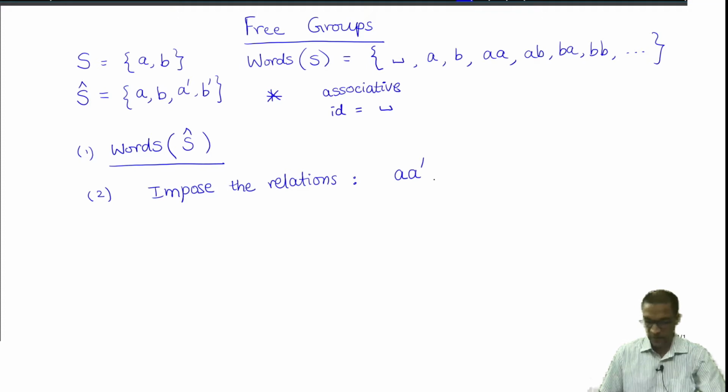Look at the word A A prime. This is a word of length 2 in words of S hat. I want to say that this word should be the same as, or equivalent to, the empty word. Similarly, I want A prime A to be equivalent to the empty word.